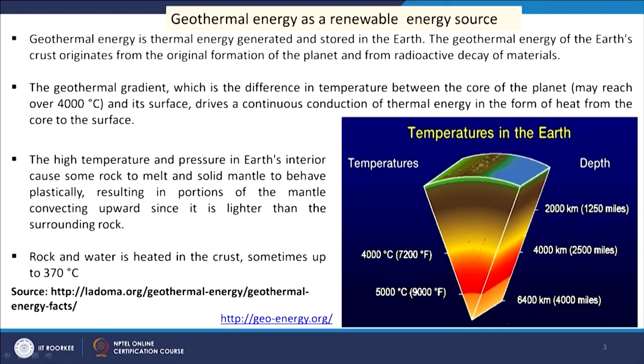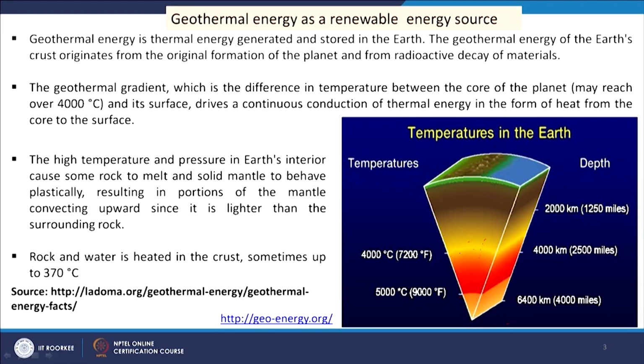In this case, either we can send water from the surface to this rock layer for the transfer of heat, and then take the water out from it and recover the energy from it. So, this is the mechanism by which we can use the thermal energy inside the earth, the geothermal energy, for our application.